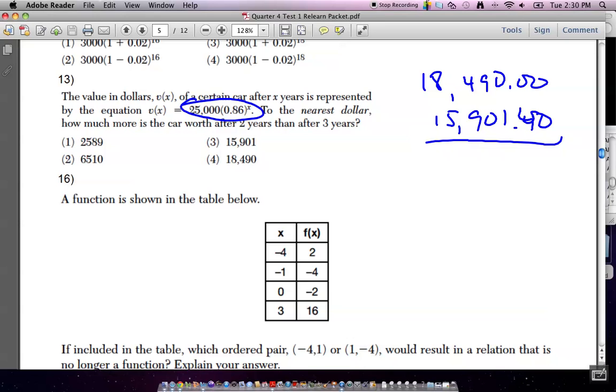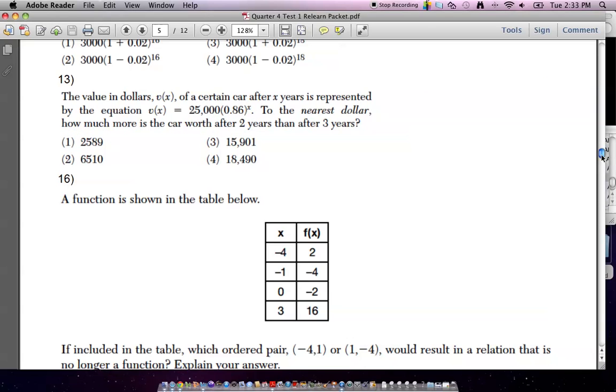Minus 15,901.4, and I get 2,589 to the nearest dollar. So it's choice 1, 2,589. I am so sorry I didn't have my glasses on and I just couldn't read the numbers. I thought it was a 0, not an 8. Okay.